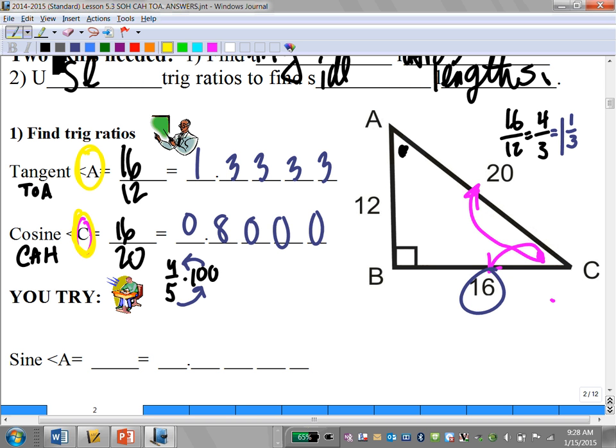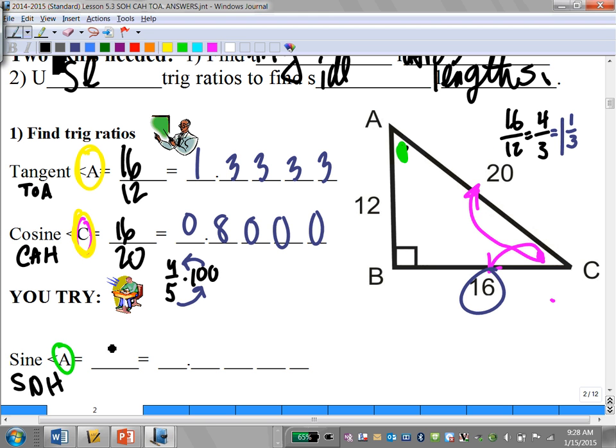Okay, let me do one more with you because I think some of you didn't catch that. So sine of A, that's so, like this. Now, put your pencil on A. Now we're back on A. Out loud, what's opposite of A? 16, what's hypo?